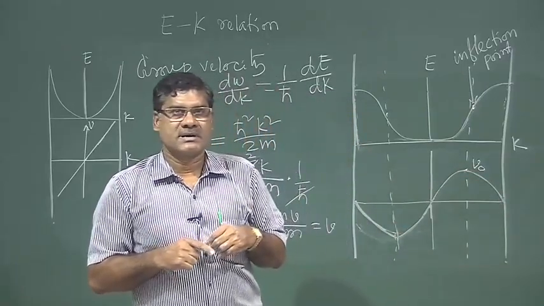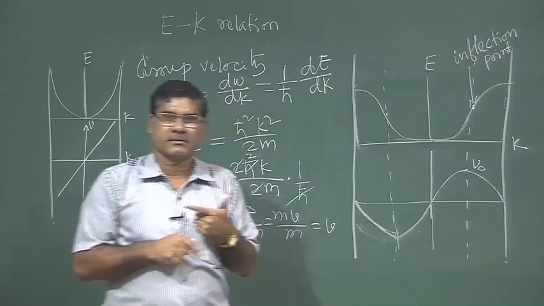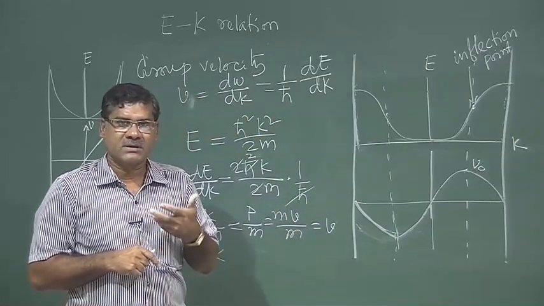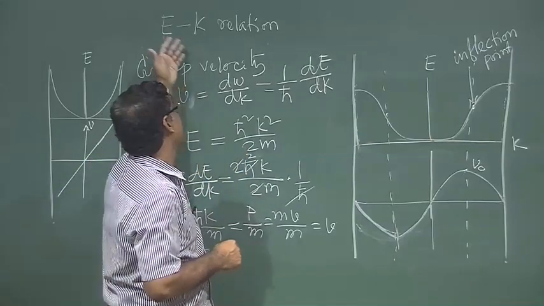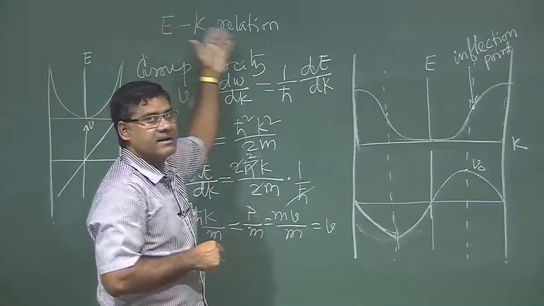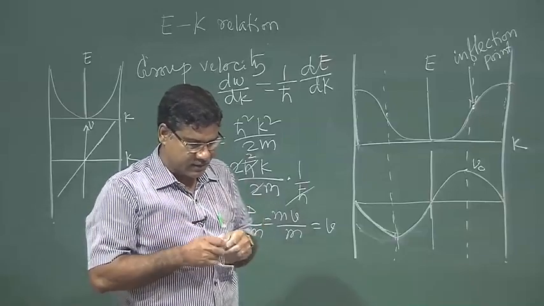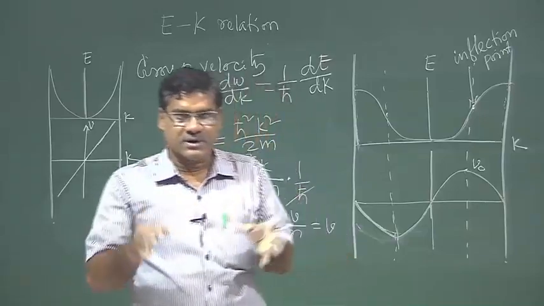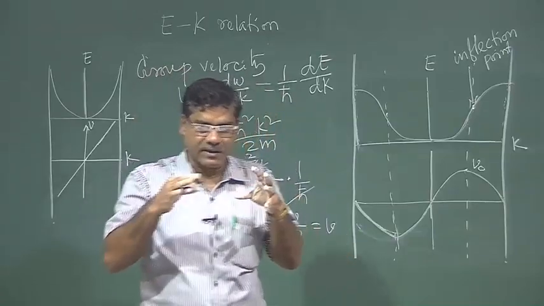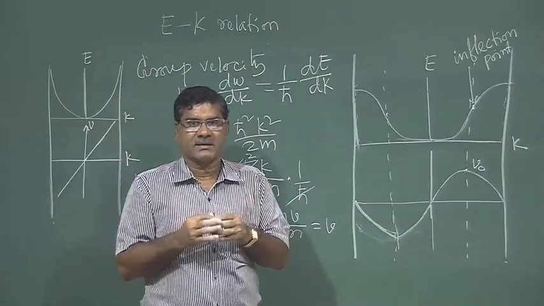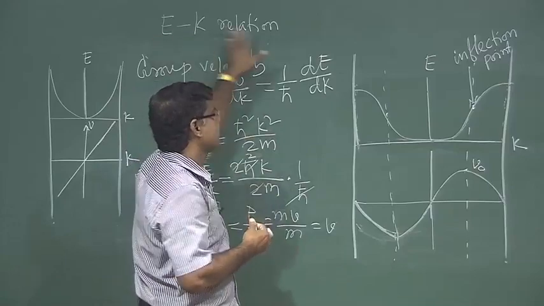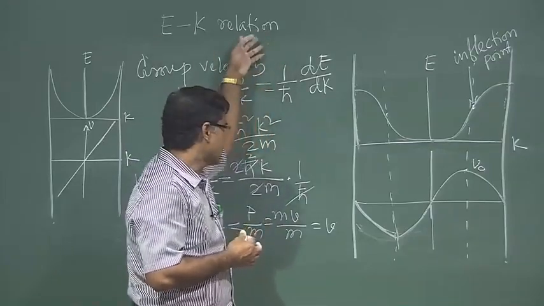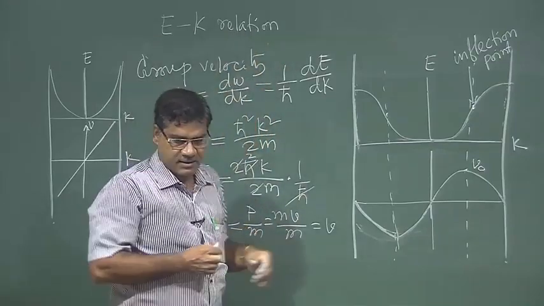So, it is important to notice that the velocity depends on the E-k relation for that electron. In which situation, in which environment the electron is, that environment will decide the E-k relation, and the corresponding velocity also follows that relation.